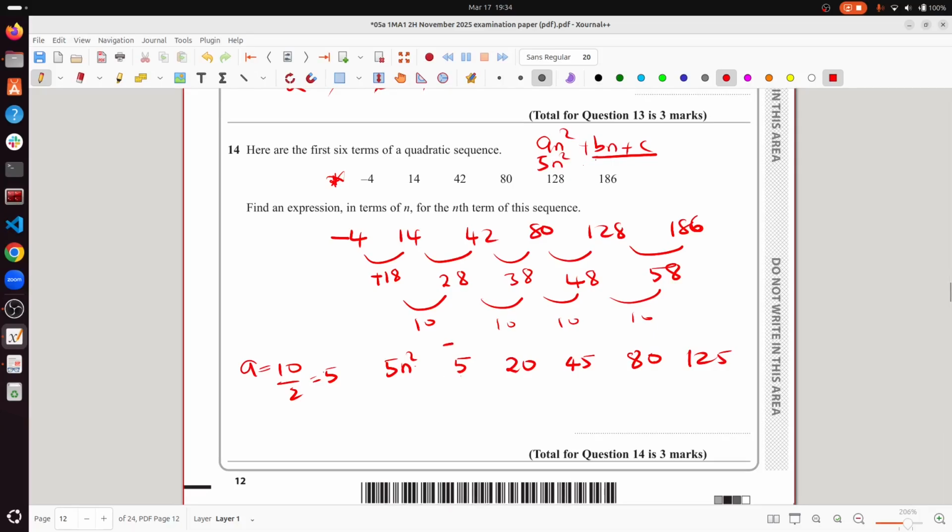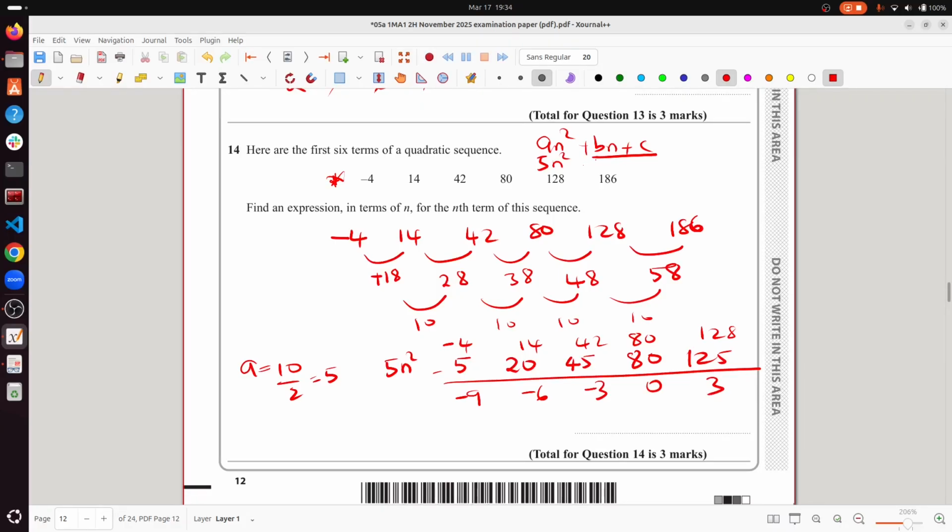So I'm going to write minus 4, 14, 42, 80, and 128. Subtract that, and I have minus 9, minus 6, minus 3, 0, and 3. So this is a linear sequence now.